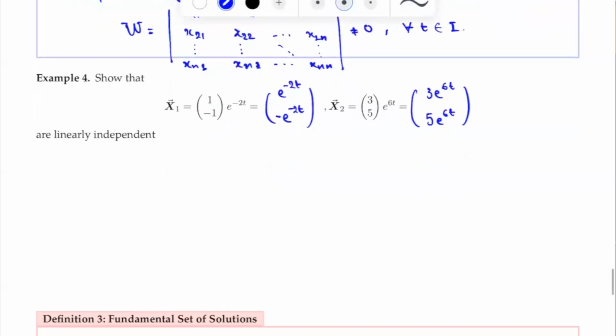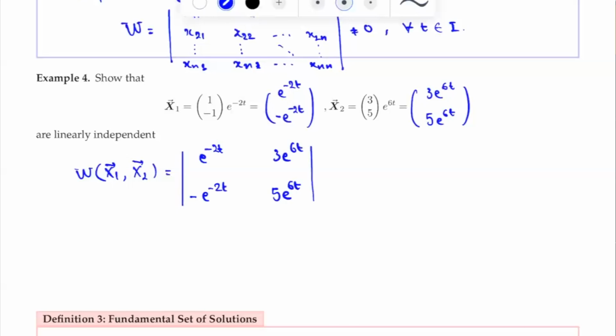Now, again, to check if the solution vectors are linearly independent or not, we perform the Wronskian of x1 and x2. So we just form the determinant of column vectors. So e to the negative 2t, this is negative e to the negative 2t, then 3 times e to the 6t, and this is 5 times e to the 6t. And this is a 2 by 2 determinant, a straightforward calculation.